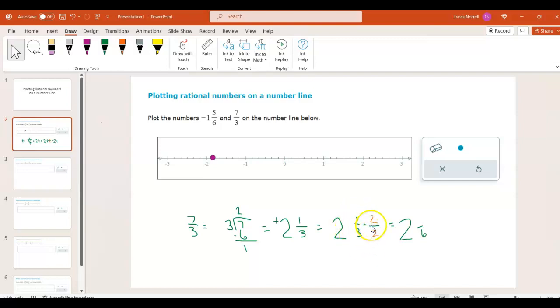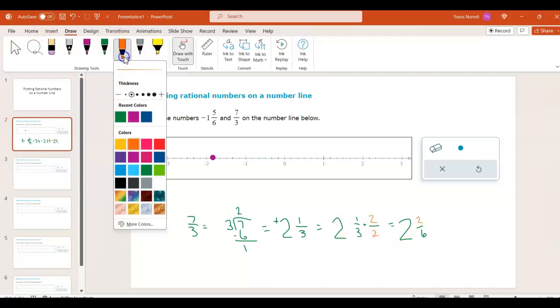So anything times 1 is still itself. So 2 1/3 times 1 would give me 1 times 2, a numerator of 2. So 2 1/3 becomes 2 2/6. And 2/6 will simplify to 1/3.